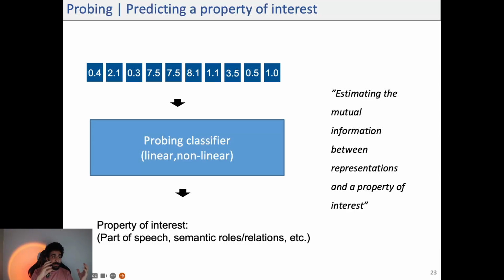If the classifier performs well, this suggests that this information was actually encoded in the embedding, and the probe is just extracting it. This way, we're not training the model itself. We're just asking, hey, is this information already there? This is often described as estimating the mutual information between the embeddings and a specific linguistic feature.